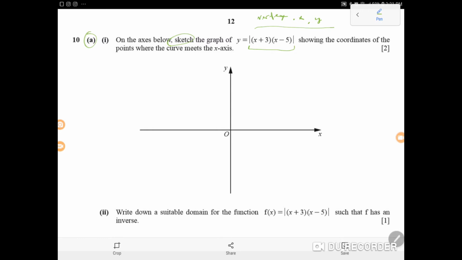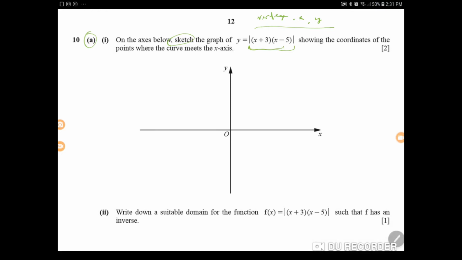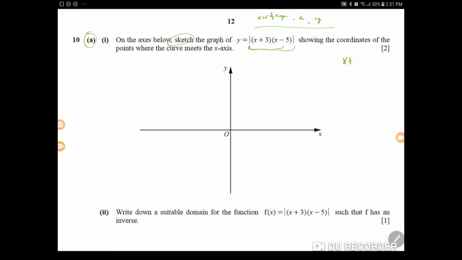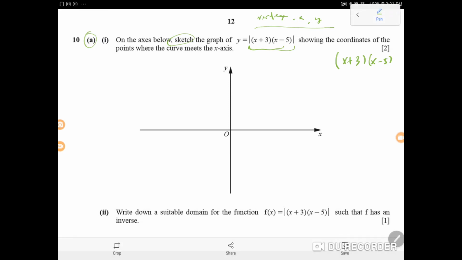Let's find out our vertex first. But from this kind of function, it's better for us to find our x-intercepts first. We have two x-intercepts here, since it is (x plus 3) multiplied by (x minus 5), and to find the x-intercept, you have to make y equal to 0.